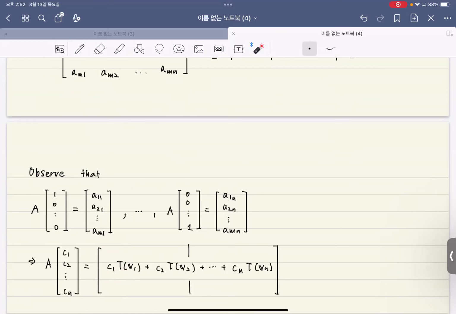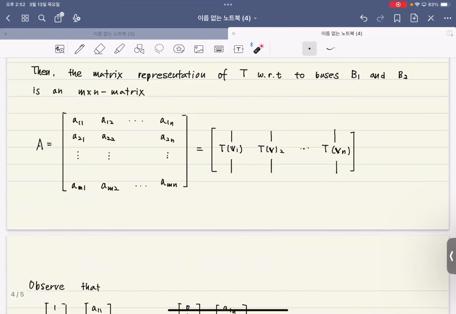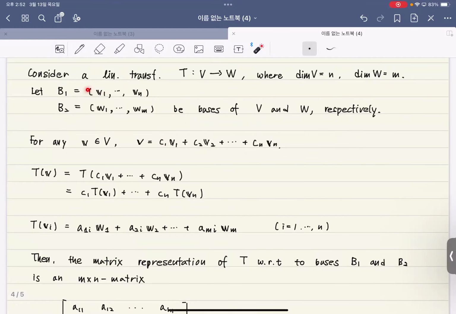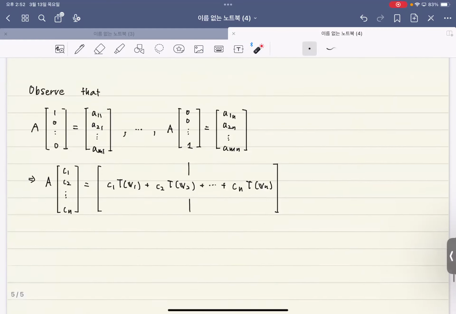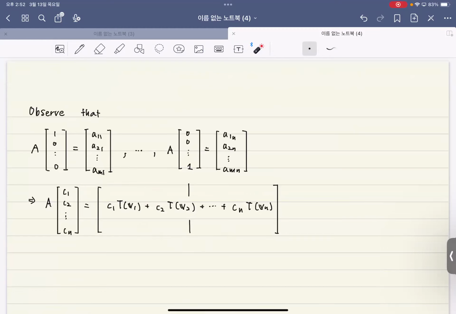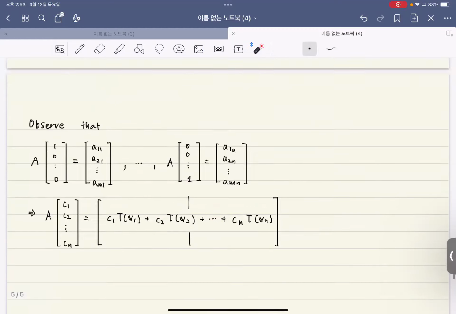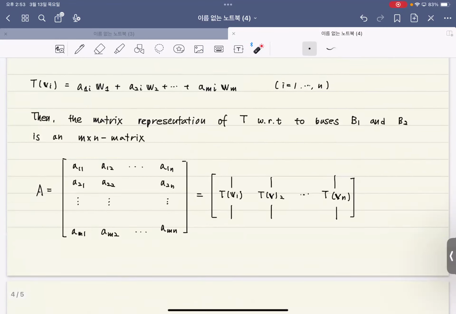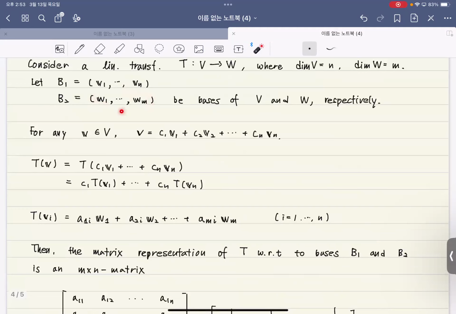So this is the idea. Once you have the matrix representation of linear transformation T, then if you multiply it by some coefficient vector obtained using this basis, what you get is another column vector, which contains the coefficients of the resulting vector written in terms of this basis.